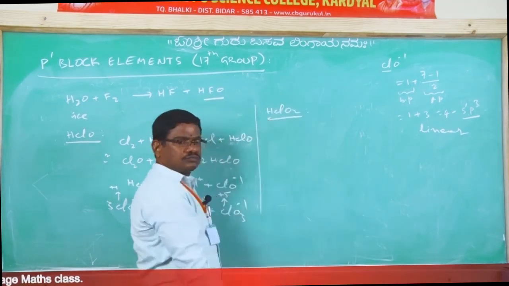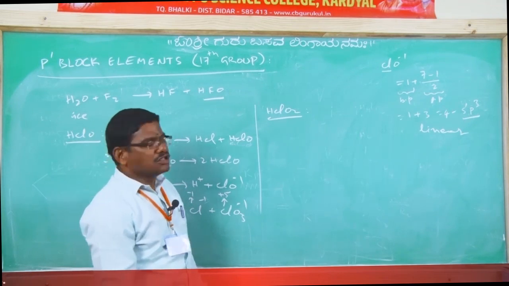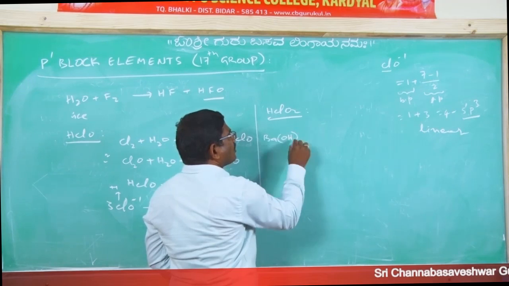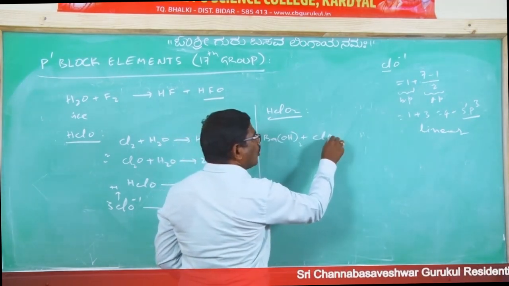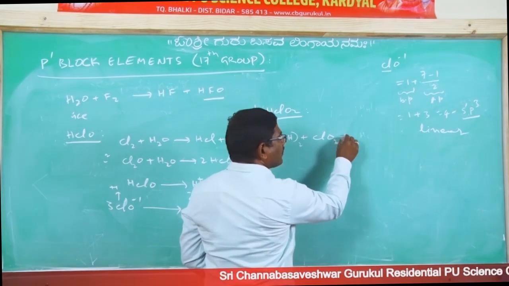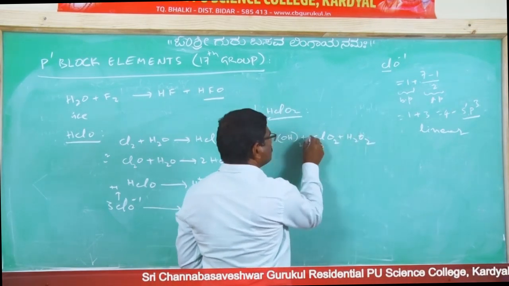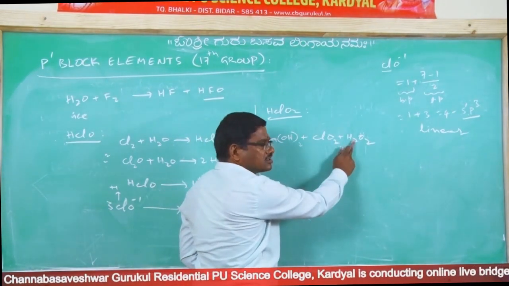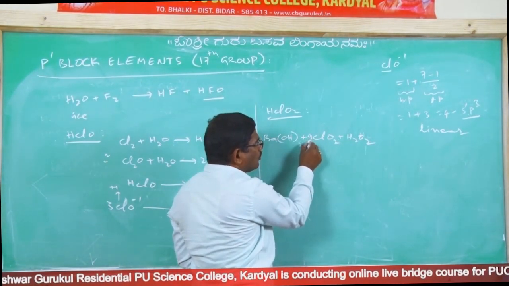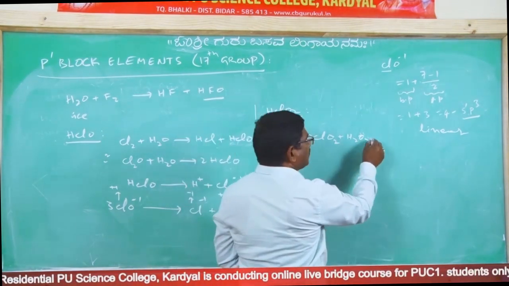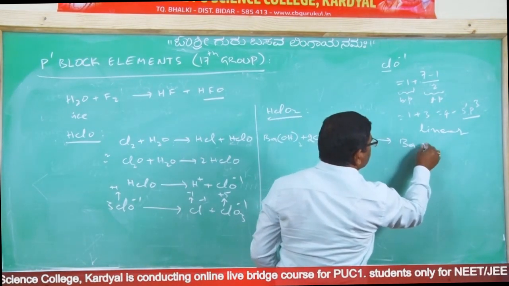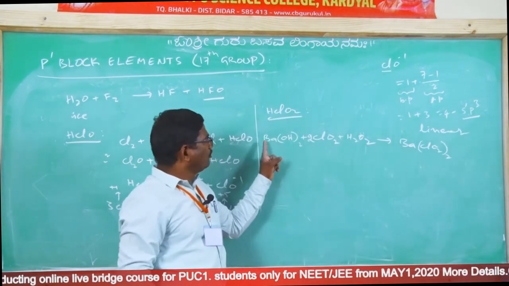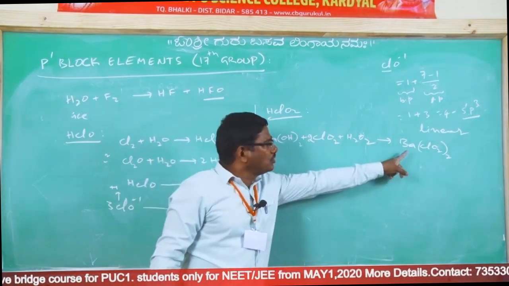Similarly, if you come to HClO2, it is chlorous acid. The preparation of chlorous acid is when barium hydroxide is treated with chlorine dioxide in presence of hydrogen peroxide. Here 2 moles of chlorine dioxide react to give barium chlorite, ClO2 with barium.